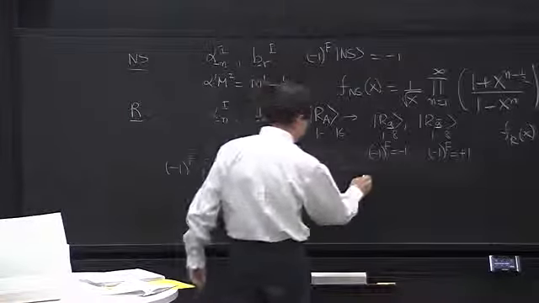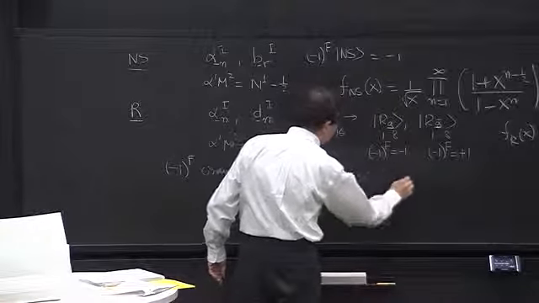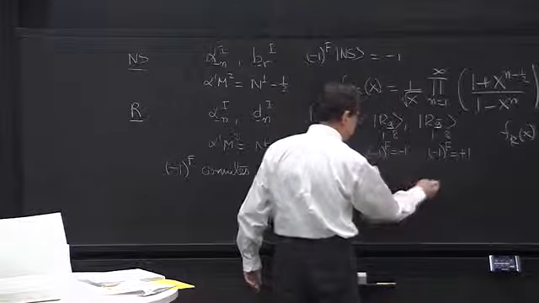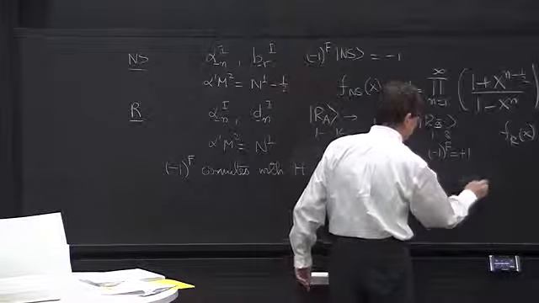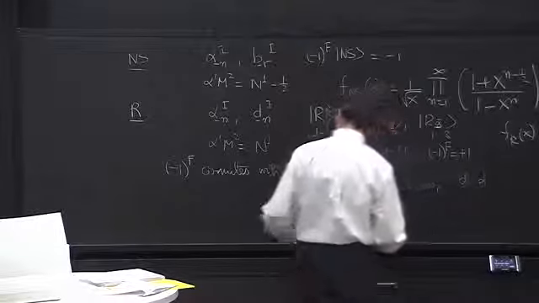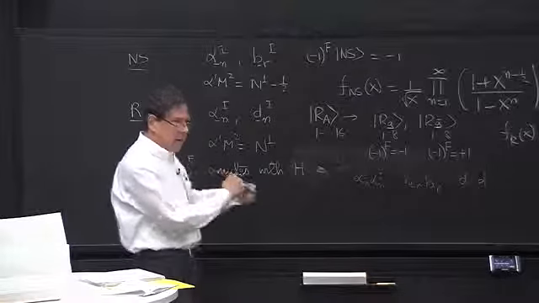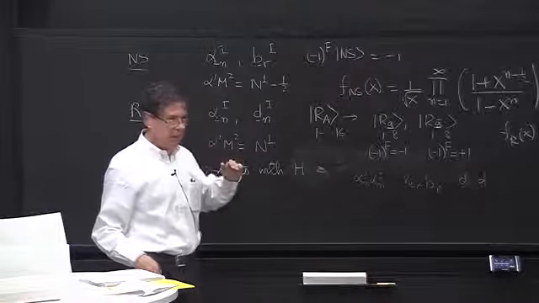L0 has alpha n, or it will have b_{-r} b_r, two b's that don't change fermion number, or two d's if you're looking at the Ramond sector.